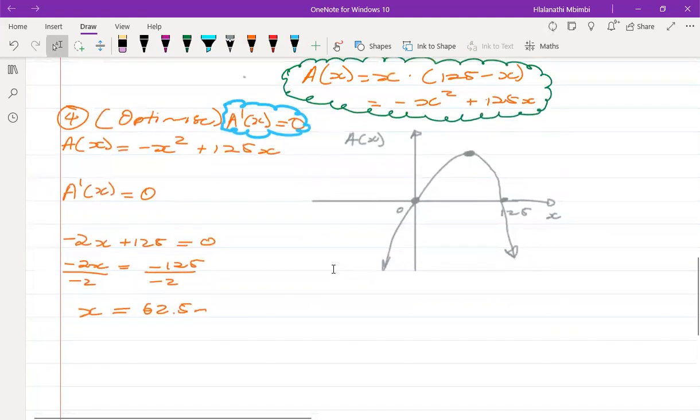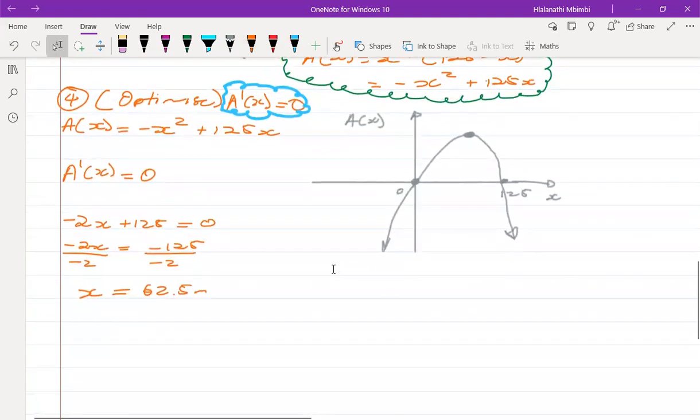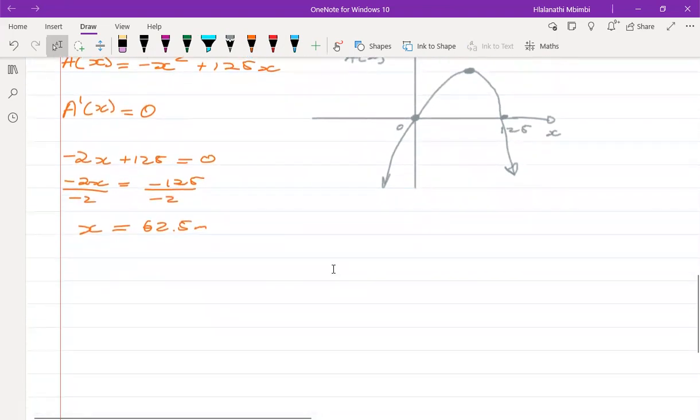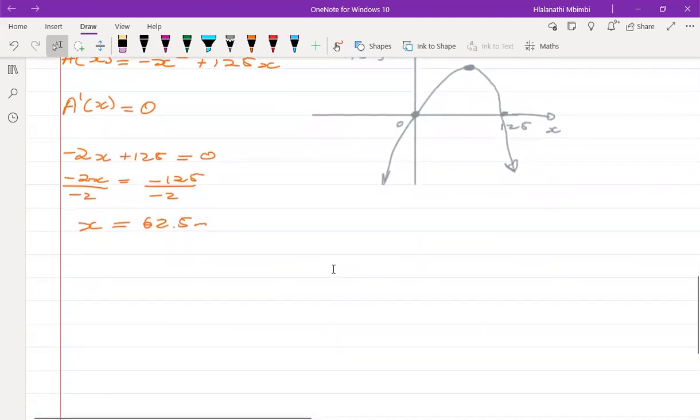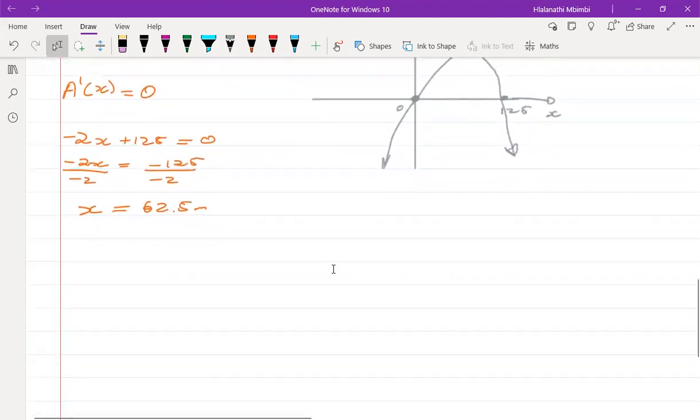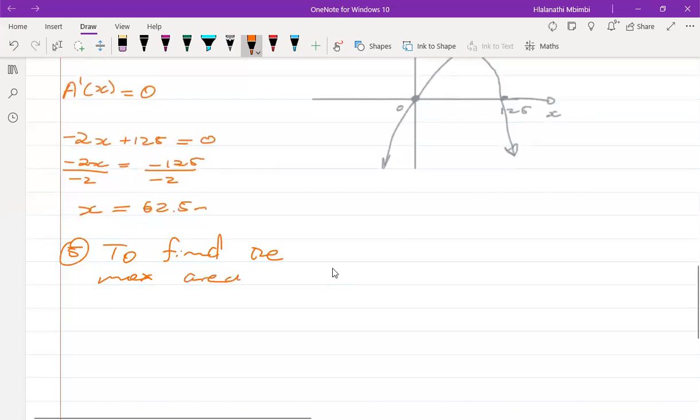And I'm labeling the steps because of the meeting that we had yesterday, where people just say, I get confused what to do, to sort of show you how you would have to do this. So now you found that the 5th step, which is normally the final step, is to actually find the maximum area value, right?